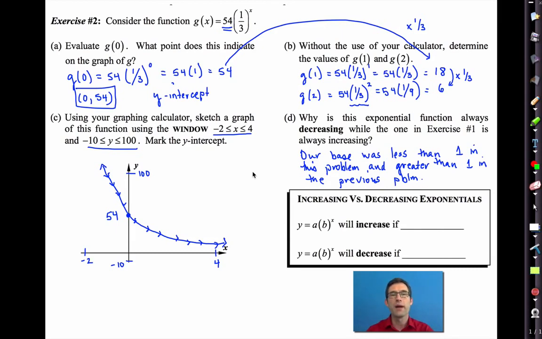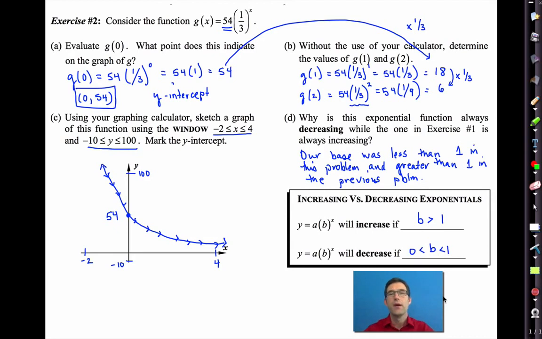But if we multiply by a number between 0 and 1, then the result we get decreases. We can summarize that in the little box that we have sitting here. Y equals a times b to the x will increase if b, the base, is greater than 1. And it will decrease if the base is between 0 and 1.